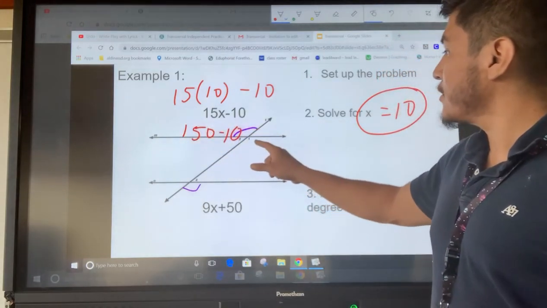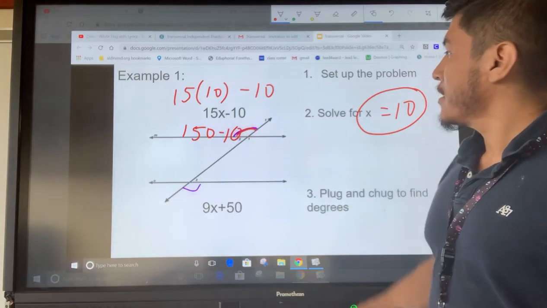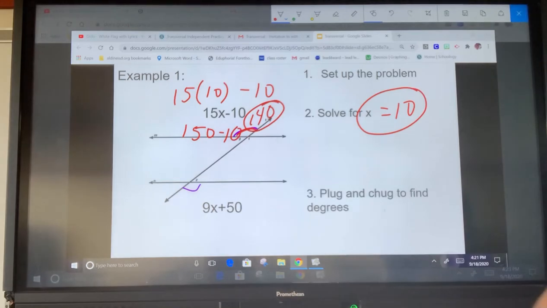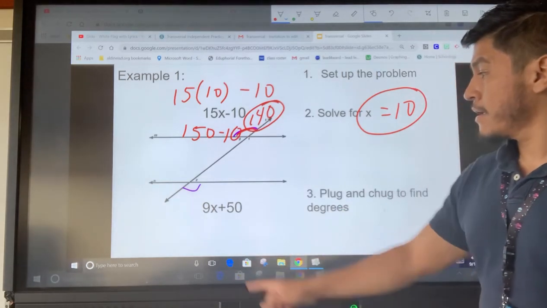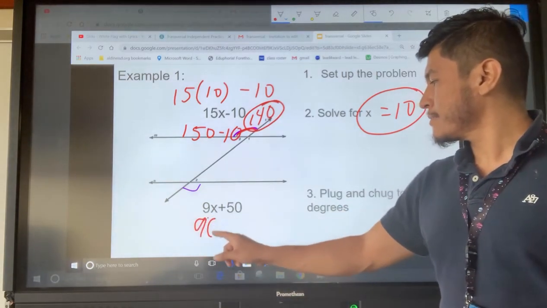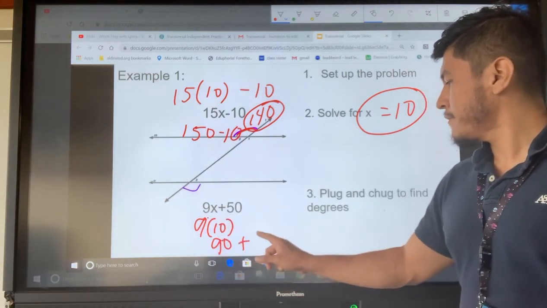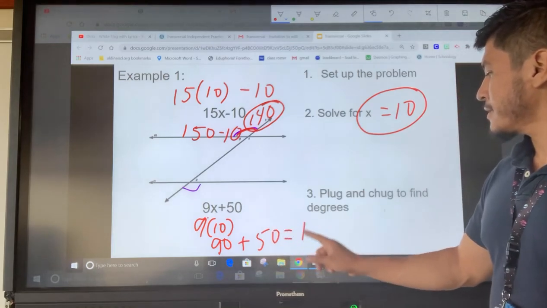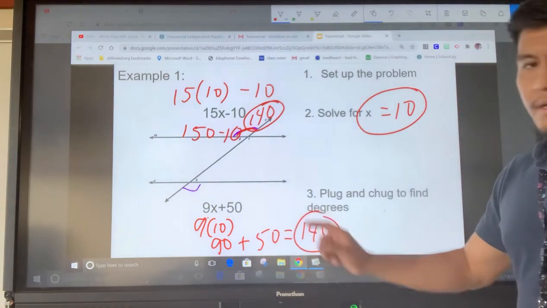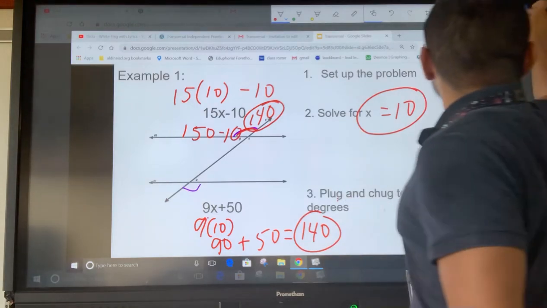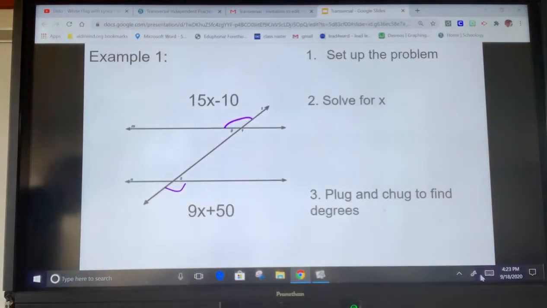That angle given to us here is 140. And I bet it works over here too: 9 times 10, 90, plus 50 gives us that 140. So that's how you can plug and chug to find those angles.